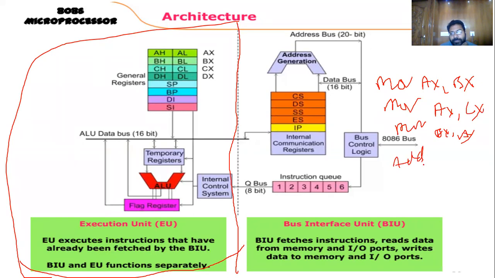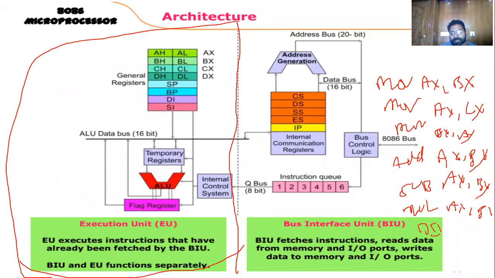Add ax comma bx. At the same time, subtract ax comma bx. Then multiply, mul is the instruction, ax comma bx. The next instruction is divide. We can use the instruction div ax comma bx. Now we can observe this, so I will write the program like this.